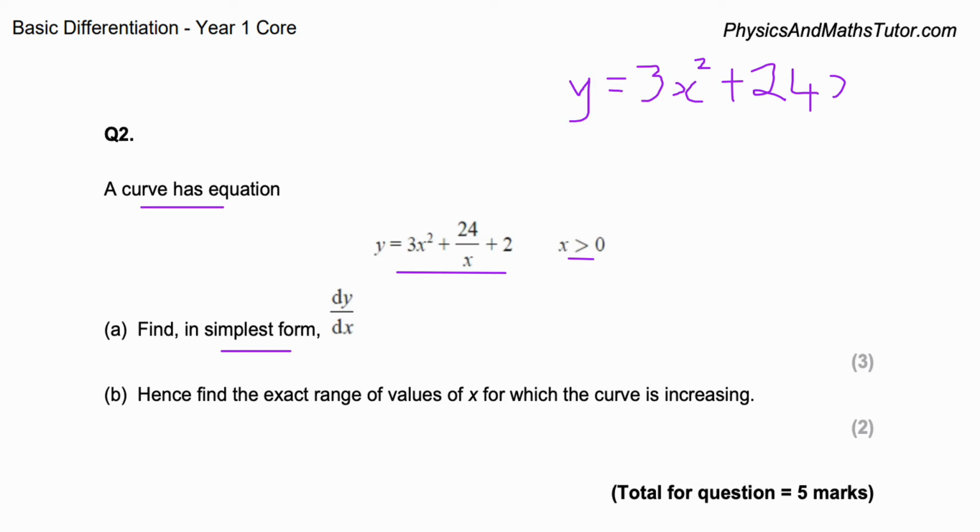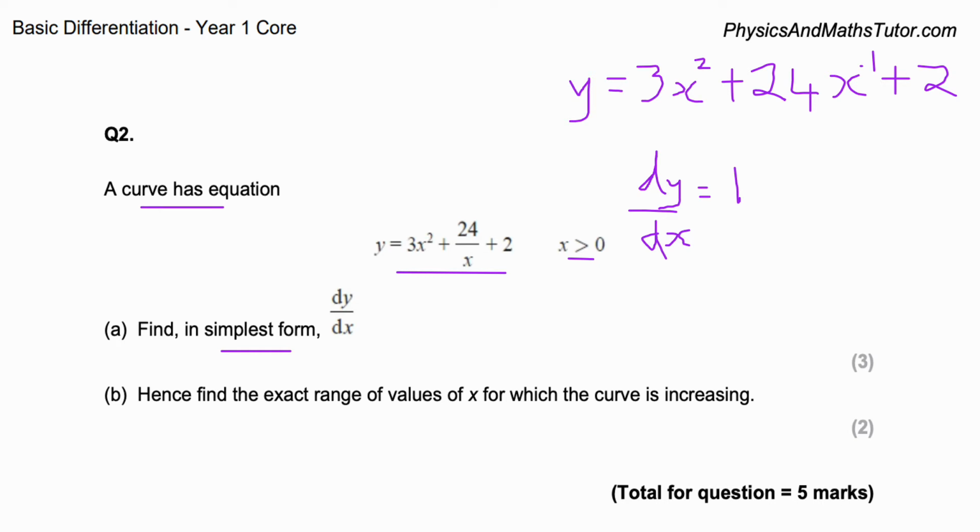So taking our time with differentiation, dy by dx, guys, so differentiating y with respect to x, the power comes down as a multiplier and then the power goes down by 1. So 3x squared, it's 3 times 2, which is 6, and then we reduce the power, so it's just going to be 6x.